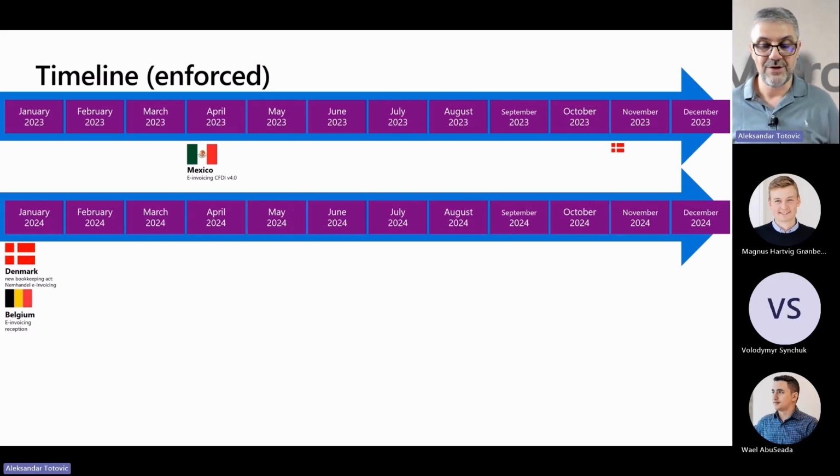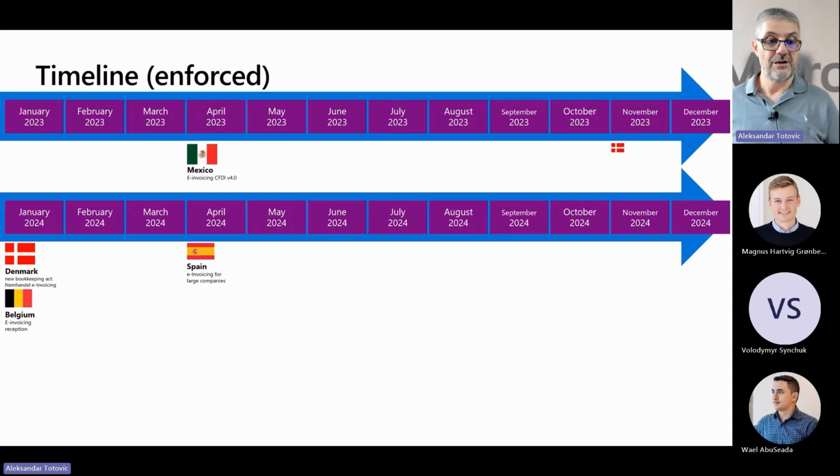And now, before continuing with some other countries and the expected roadmap, I need to mention that this roadmap is maybe not 100% accurate, as governments are changing their enforcement dates all the time. It was accurate in one moment, but maybe some of these countries will be moved earlier or later by a couple of months.